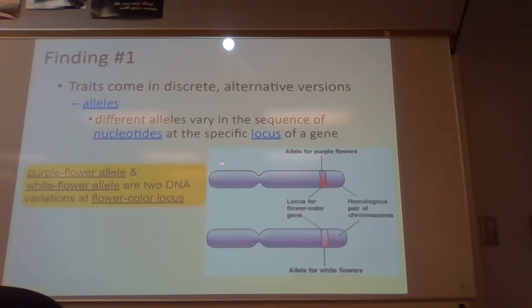This is just one of those diagrams. So again, the purple flower allele and the white flower allele are two different DNA variations, so slightly different sequences of DNA bases at the same spot on homologous chromosomes. Different versions of a gene, same location on homologous chromosomes.